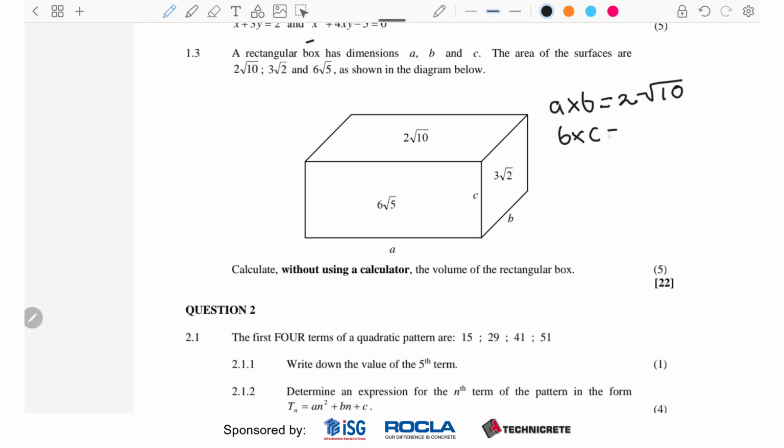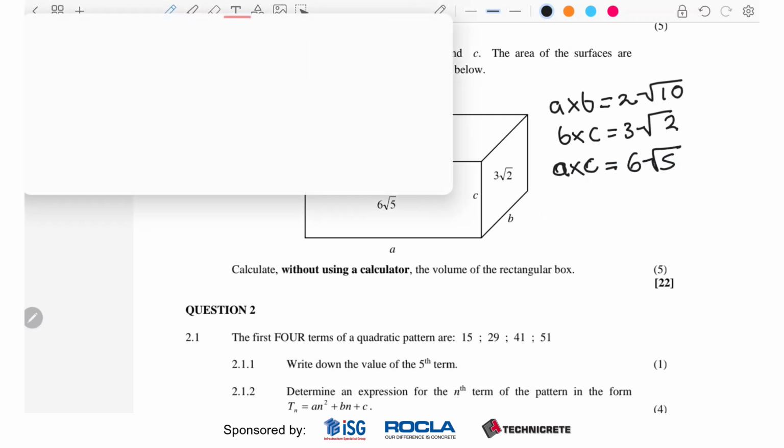B times C is 3 square root 2, because remember, area of a rectangle is length times base. And then A times C is 6 square root 5. Okay.